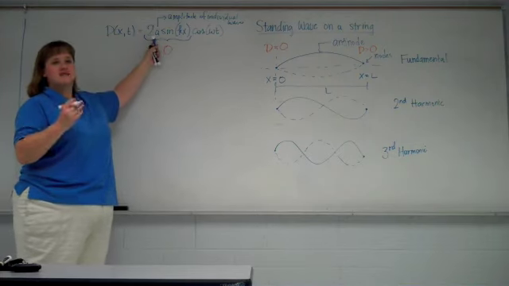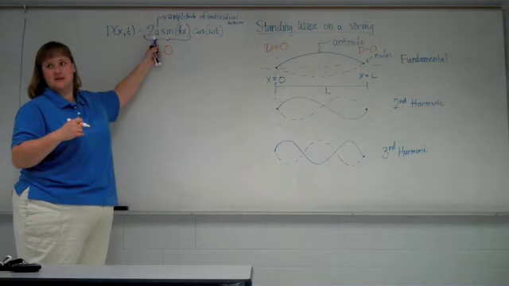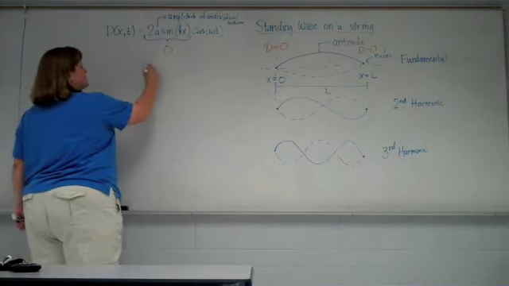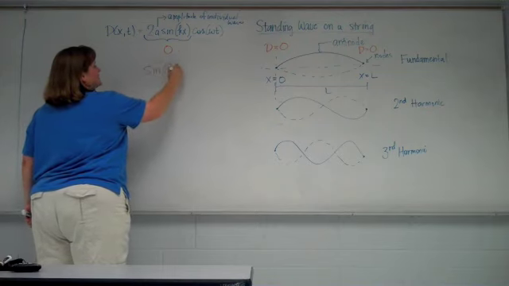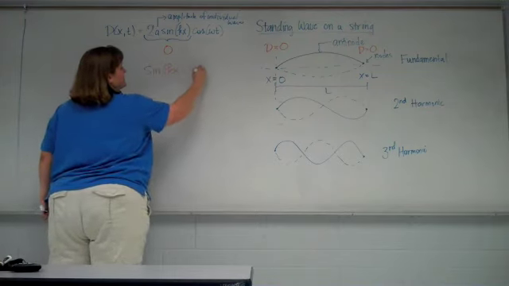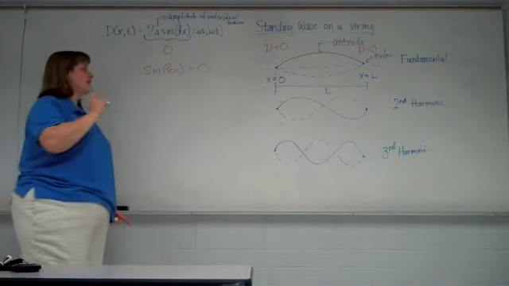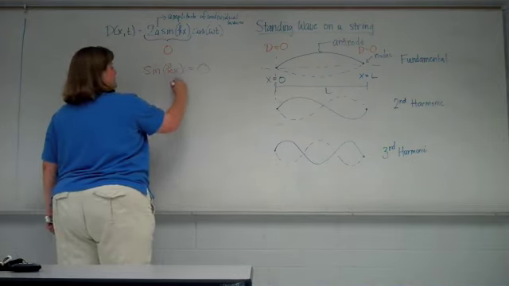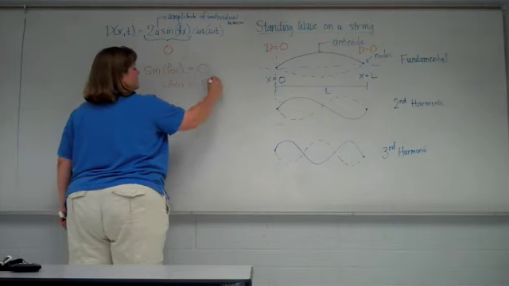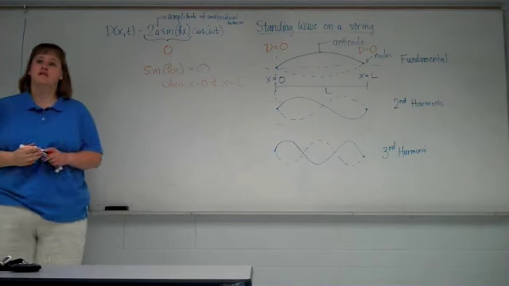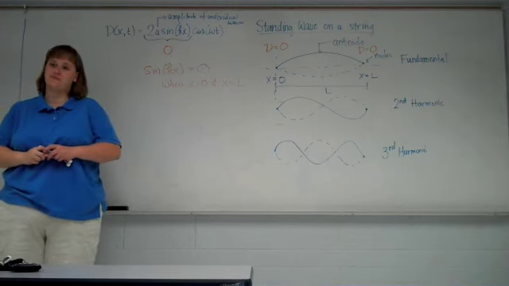The individual waves have an amplitude that is not 0. So the only part of the function that can go to 0 is the sine term. So the sine term has to go to 0 when x is 0 and when x is equal to L.